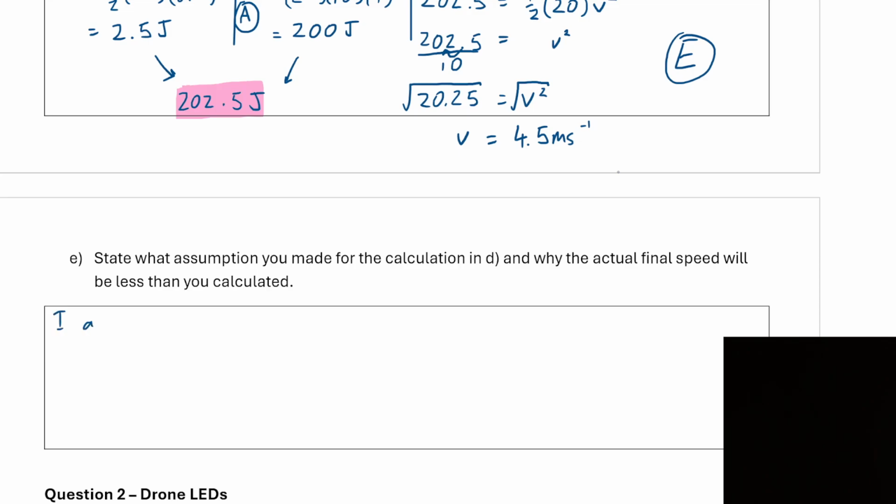So I assumed no energy lost or transferred as heat. That was the assumption. And now, how does this assumption make it so the actual final speed will be something more like 4.2 meters per second instead of 4.5?